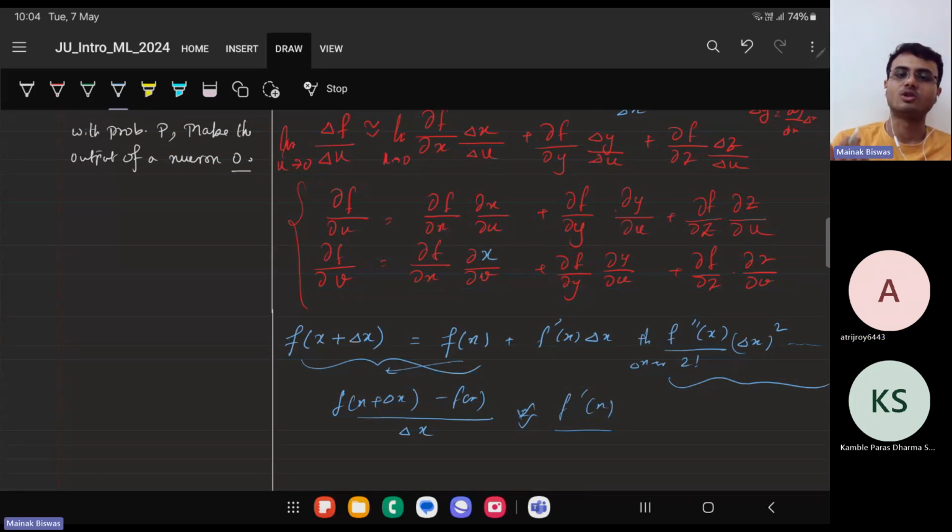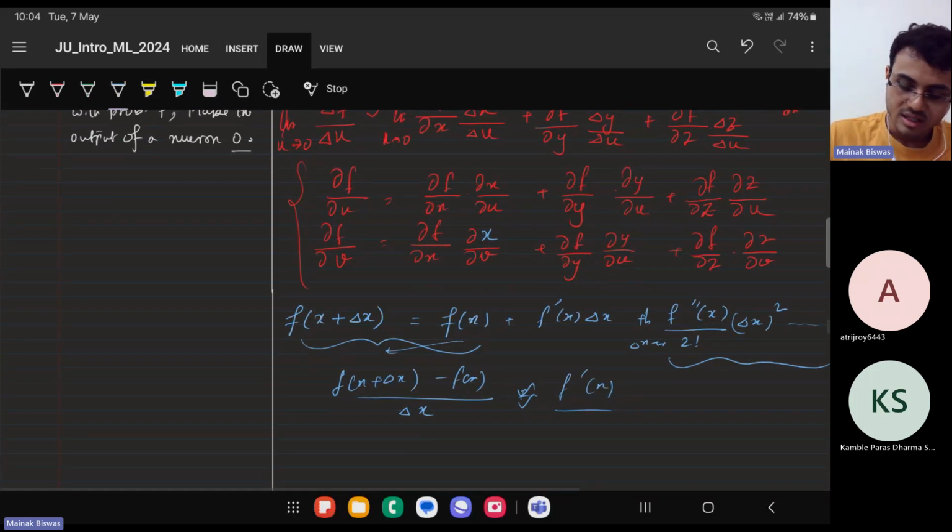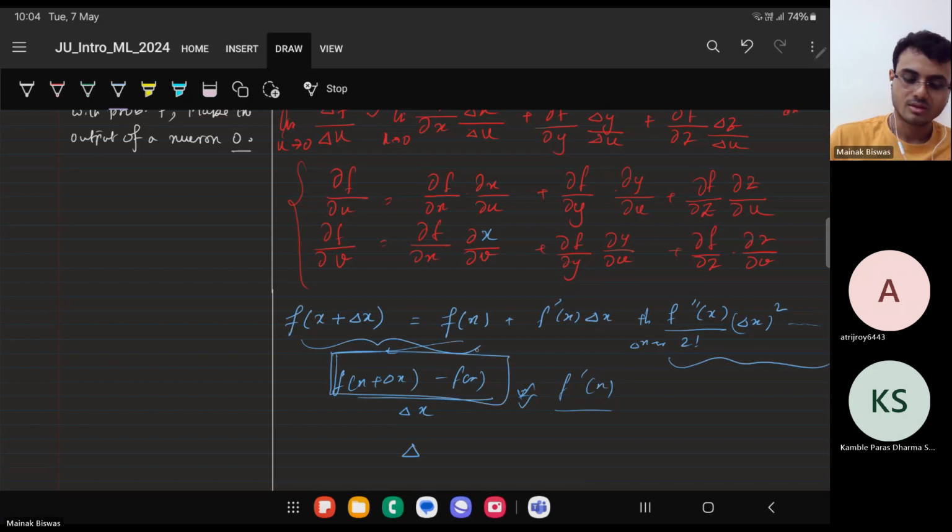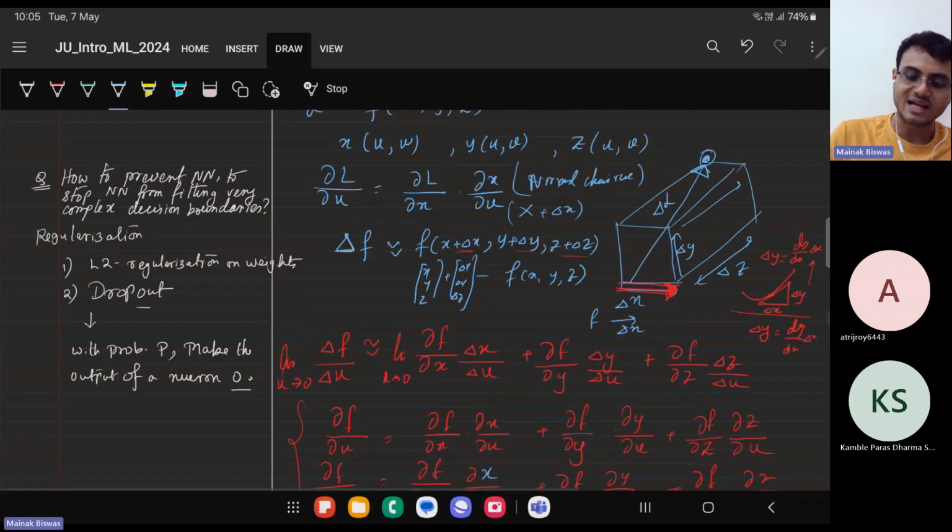From the Taylor expansion also you can get it. In other words, this is your delta y, your y new minus y old. So delta y is equal to f' delta x. This is why you write it this way.